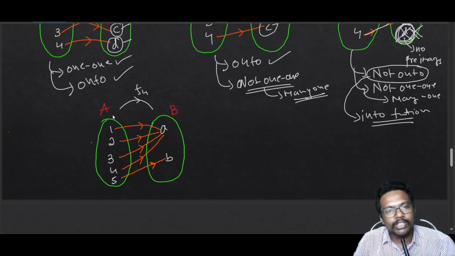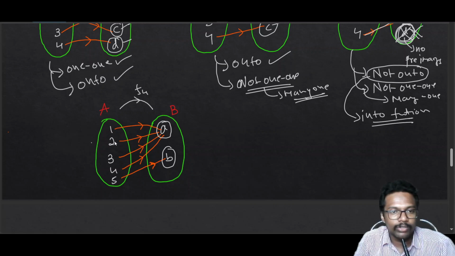So let us come to the fourth function, f4. Here I have considered 5 elements in the domain and 2 elements in the codomain. Every element of B, and there are only 2 elements, has at least one preimage. For A, 1 is a preimage, 2 is also a preimage, 3 is also a preimage, 4 is also a preimage.